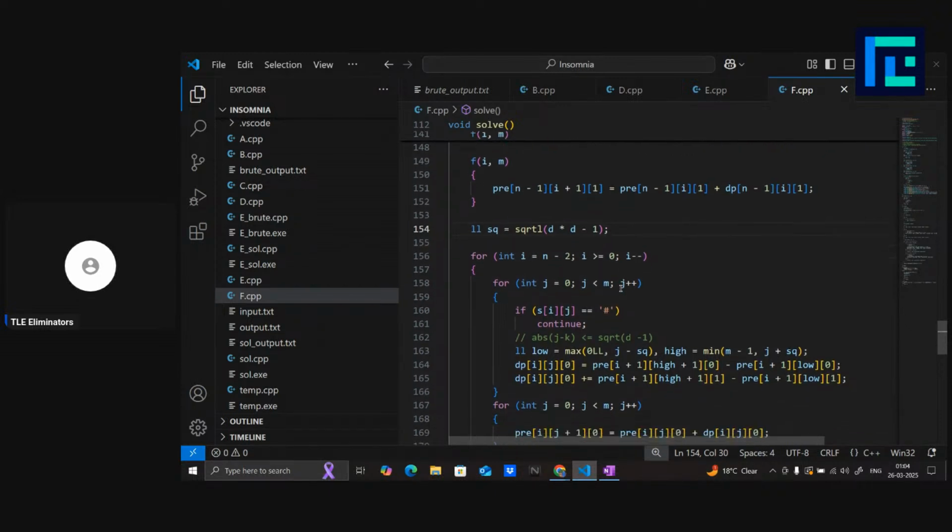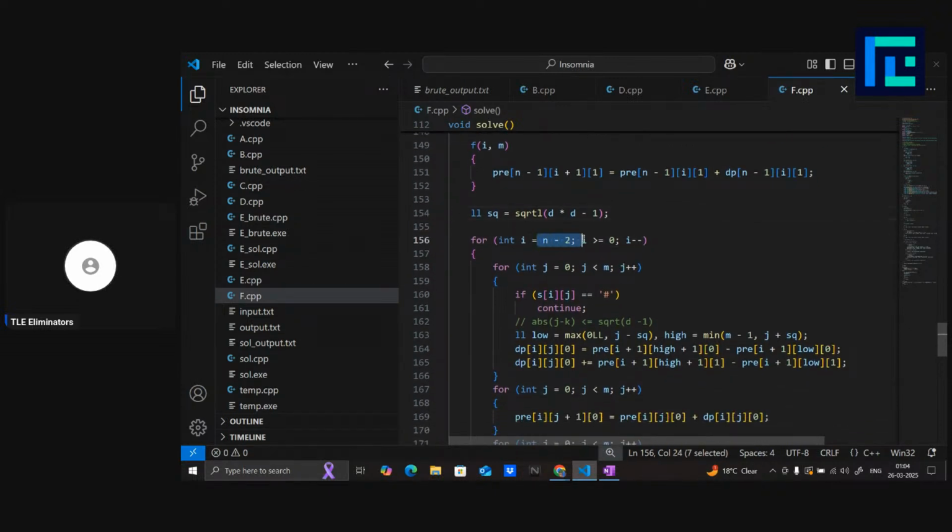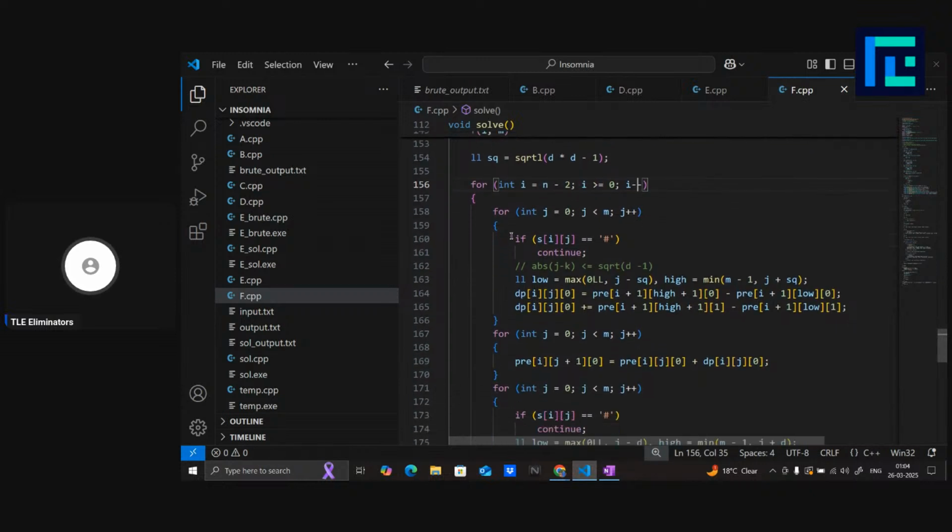Now from the second last row up to the first row I'm iterating. First of all, I am calculating dp of i j 0, the type 0, using the prefix of the i plus 1th row of 0 type or of 1 type, both we can use. So this is what it means.